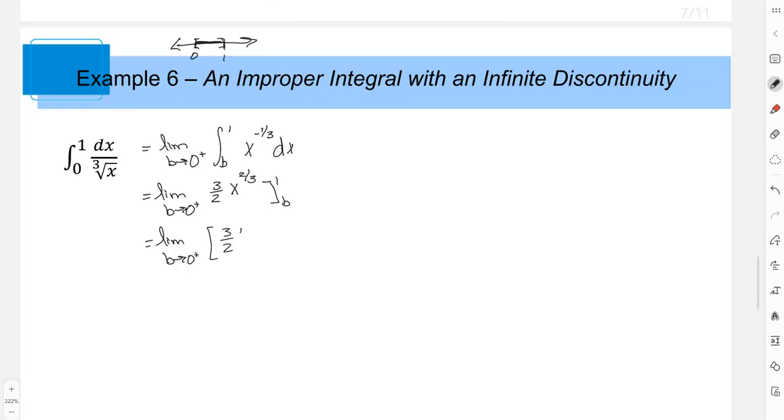We're going to have 3/2 times 1 to the 2/3 minus 3/2 times b to the 2/3. We want to know what's happening as b approaches 0. So this guy's going to go to 3/2 as b approaches 0. When we plug that 0 in, this is going to go to 0. So my final answer is going to be 3/2 here.